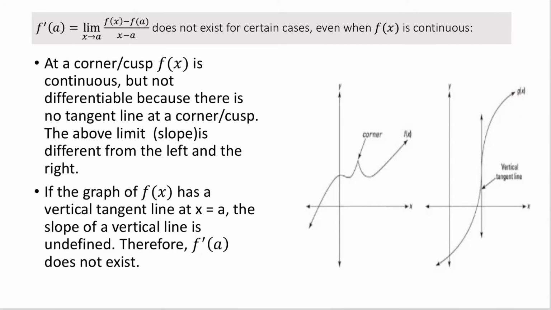All right, when you have a vertical tangent line to the curve, where it has a point where the curve goes vertical, then we know the slope of a vertical line is undefined. So therefore, this slope, f prime of a, is undefined for this vertical tangent line here, right? And the derivative does not exist. So these two cases here, they are continuous, but still they're not differentiable.